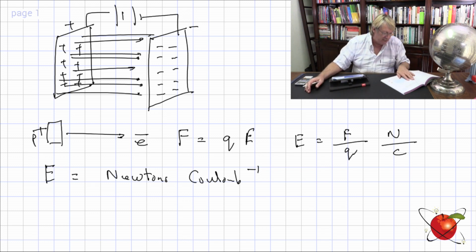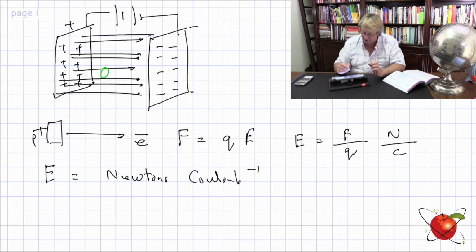Just to recap, it is a region of space. It's in here. Let's just isolate this so that we've got the definition. It's a region of space, it's between here, where a charge experiences a force. So now they've said a charge experiences a force. What do they mean? Actually, what they mean is I drop a positive charge in there.